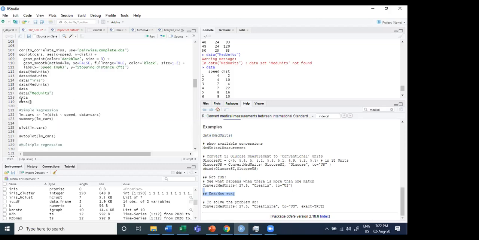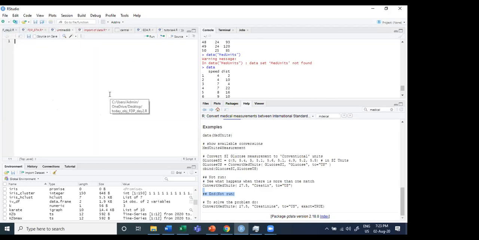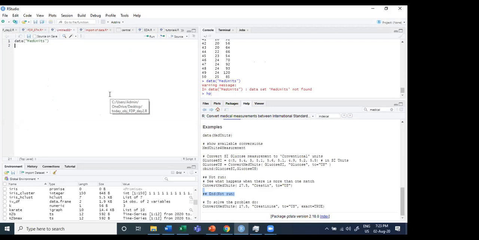Data calling from here, iris. Let me try iris. MED units. Let me try the new field. This is the 5th day. Sometimes this happens in the machine, that it won't work.